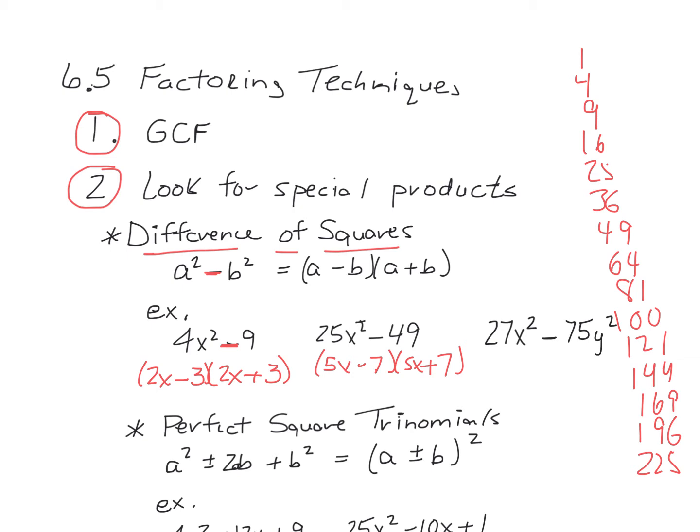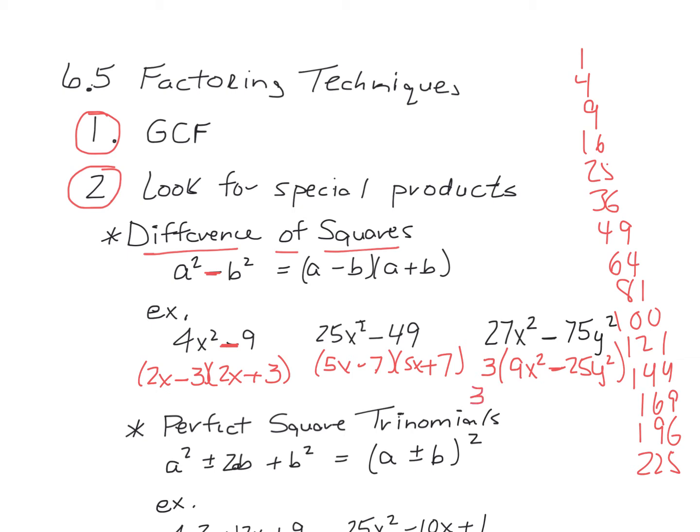Next one doesn't appear to be difference of squares, but our first step, and we should have checked these in these other ones also, is to take out what's common. And I can see that we could take a 3 out of both of these terms, and I'd be left with 9x squared minus 25y squared. And this is an example of difference of squares.